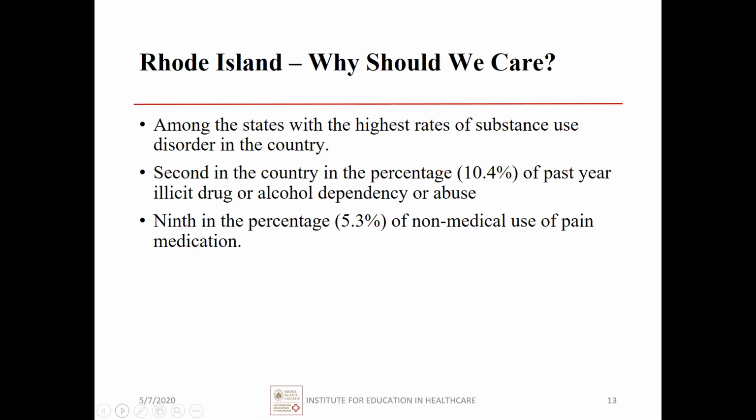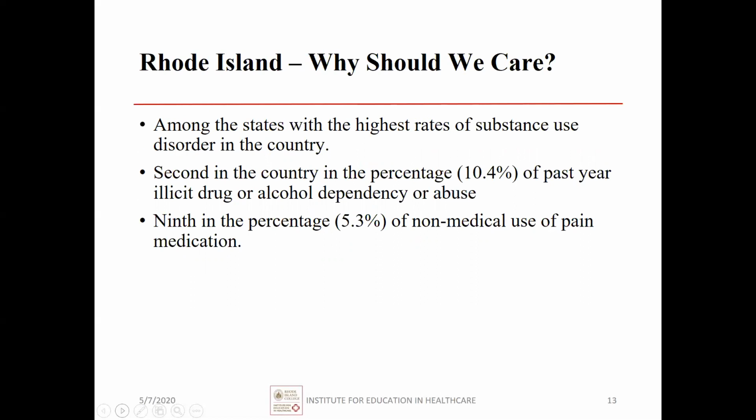Sadly, we are among the states with the highest rates of substance use disorders in the country, and our rate of people dying through opioid overdose is extremely high in comparison to the national average.